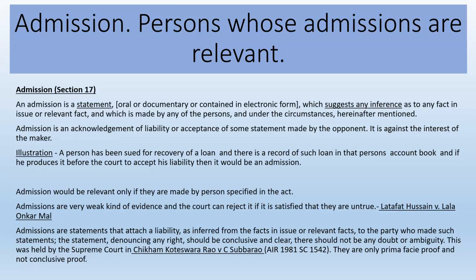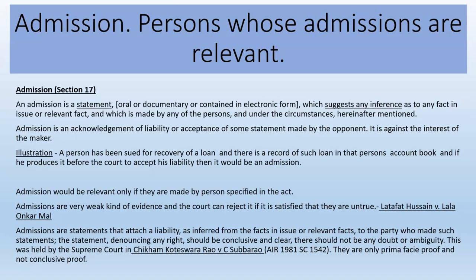So let us look into an illustration. A person has been sued for recovery of a loan and there is a record of such loan in that person's account book, and if he produces it before the court to accept his liability, then it would be an admission. So a person has borrowed some money and in his account book he has maintained the record that he has borrowed some money.